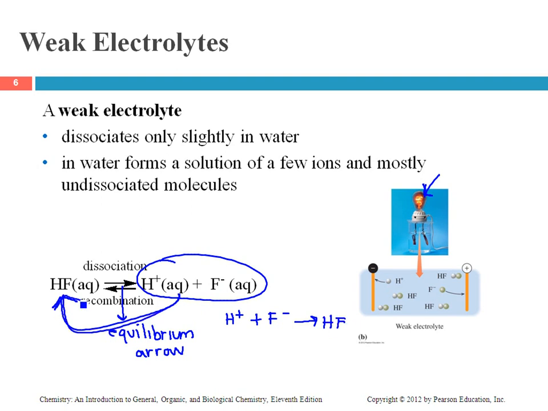Okay, and so there's a list of weak electrolytes that we're going to get to here in a minute, but the main thing is to recognize the equation. So if you see the double arrows, so you see the equilibrium arrows, the forward and reverse reaction arrows, this means a weak electrolyte.